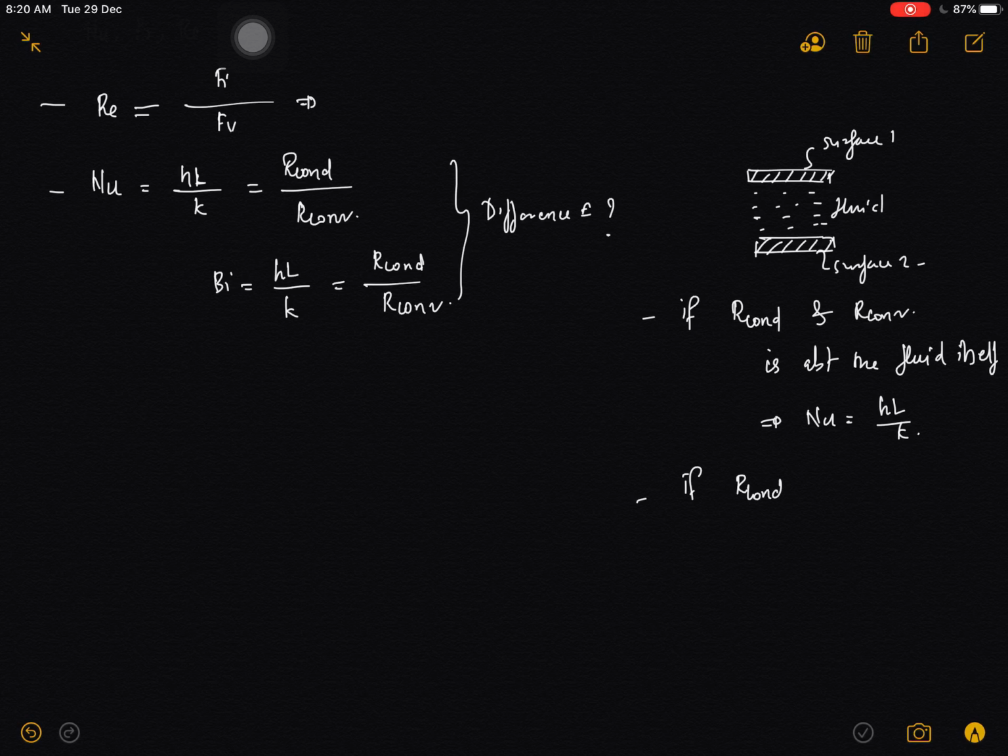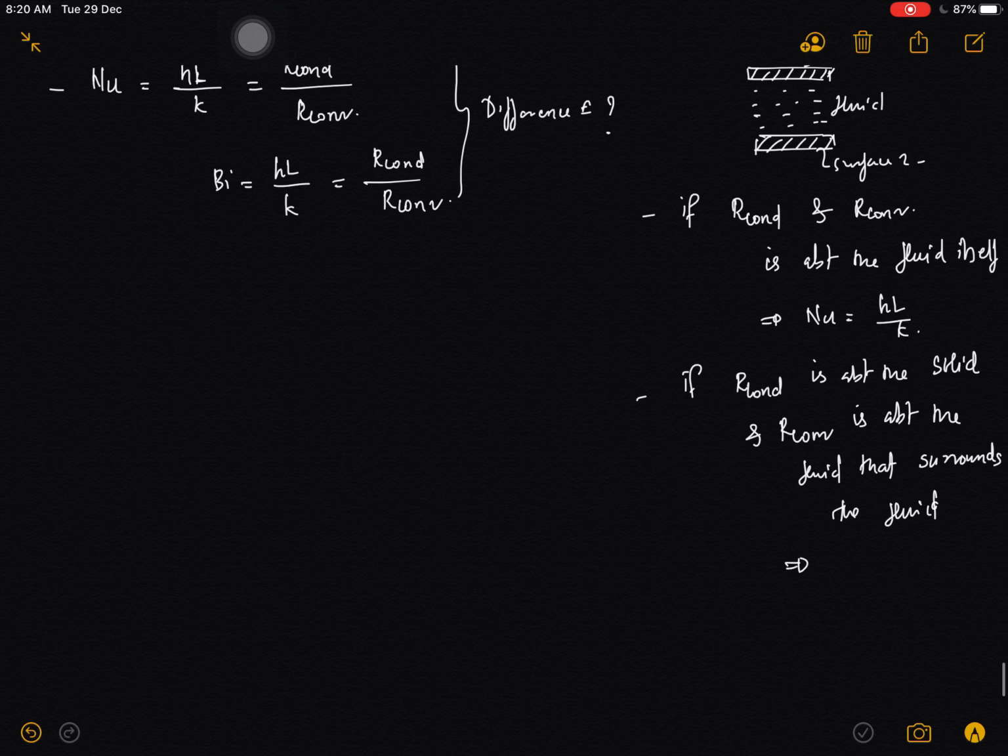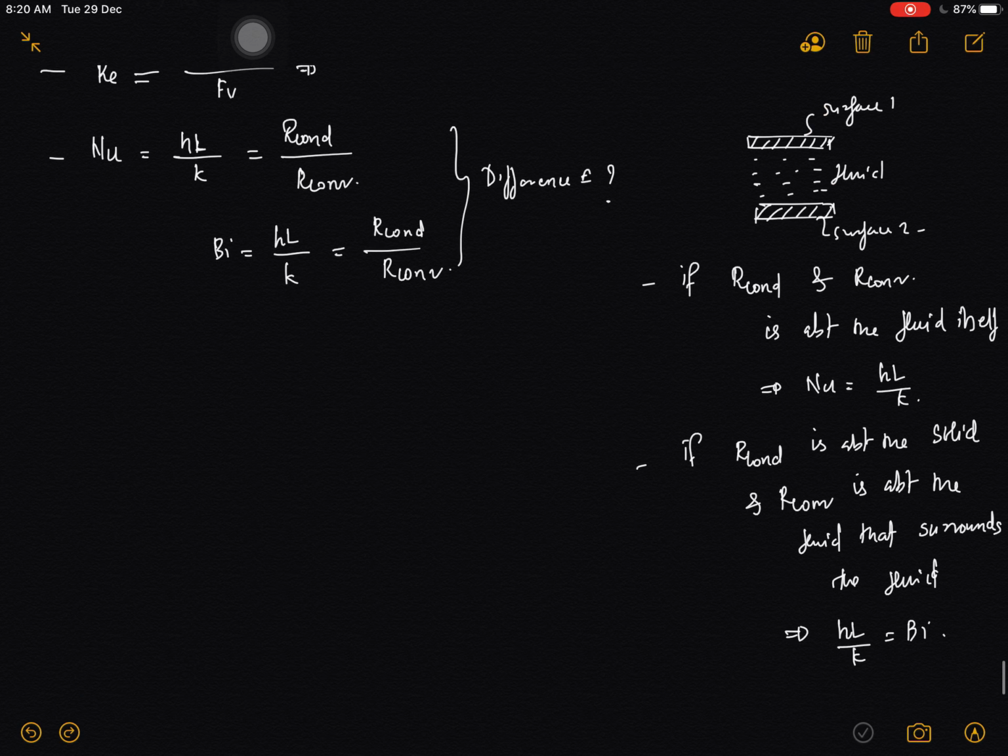And if the R conduction is about the solid surface and R convection is about the fluid that surrounds the solid, then in that case we will use hL by k as the Biot number. I will summarize that.